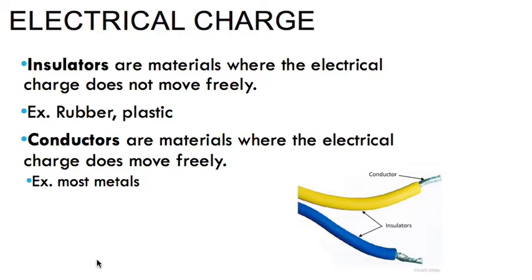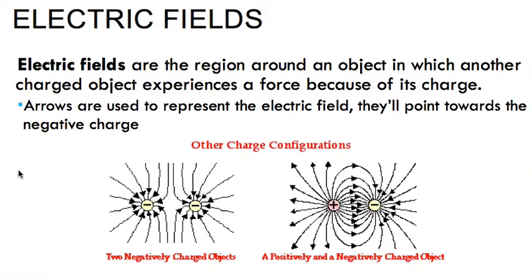It may not be perfect, but most metals fall in this category. Depending on what you want to happen depends on what kind of material you want to use. For instance, with your phone charger, the inside wire is going to be made of metal, but it's going to be coated in rubber to protect you from getting electrocuted when you plug in your phone. So there's times you're going to want one or the other depending on what you're doing.